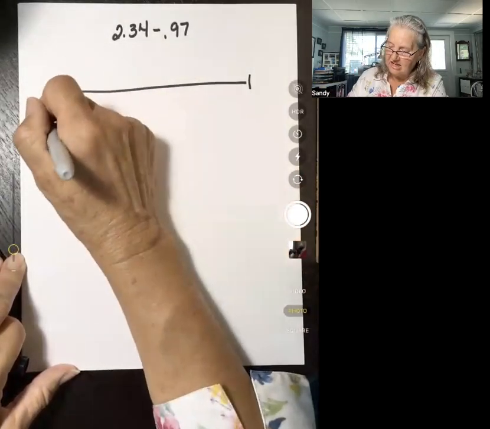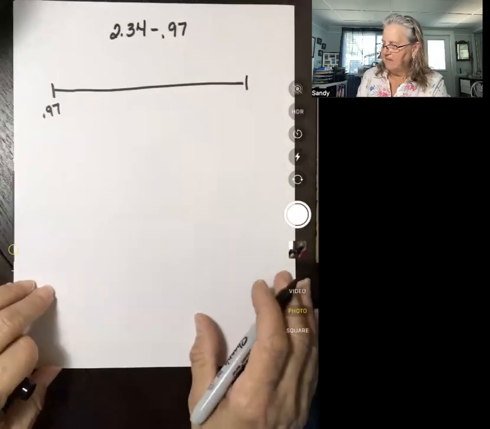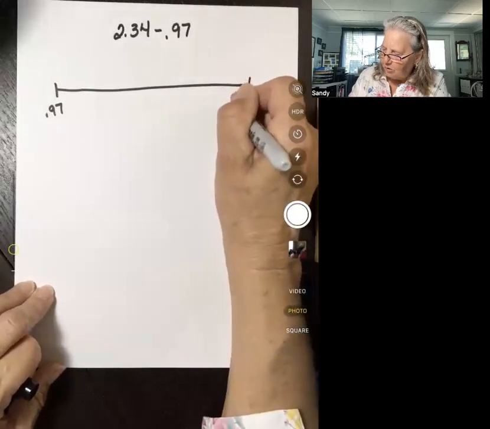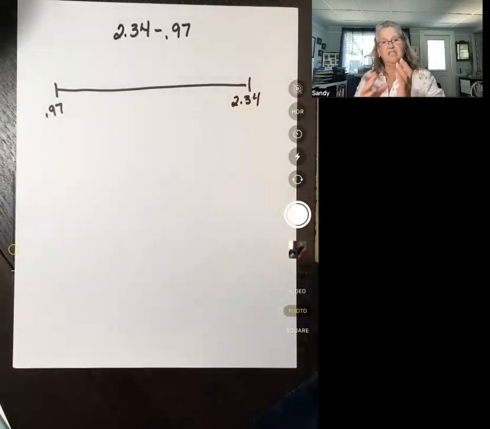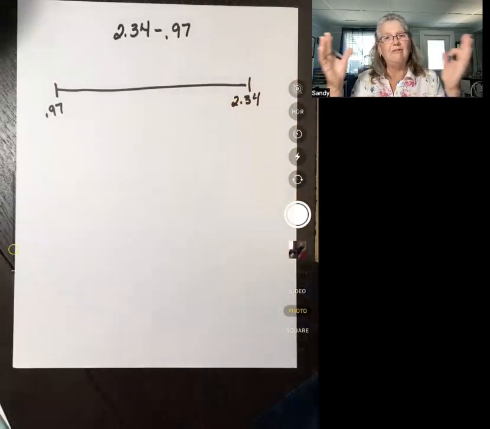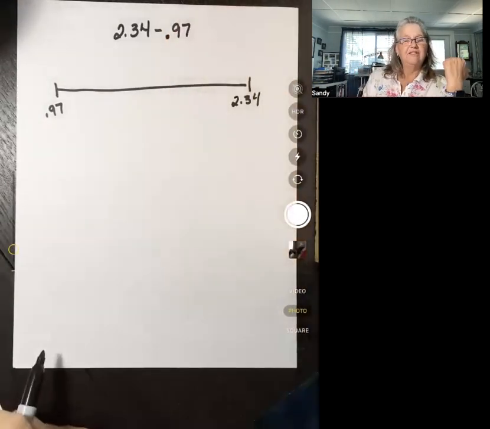Now, in this case, I'm going to put 97 hundredths at one end and 2 34 hundredths here. And what I'm trying to do is count up. I want to figure out how far apart these are. For me in school, subtraction meant you had to go left.